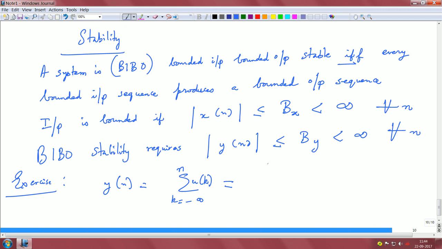We can say that this is 0 when n is less than 0, and it is n plus 1, because you have to count u of 0 and there are n such time units. So, this is going to be n plus 1 for time n greater than or equal to 0. Now, is this bounded? Probably not. Why? Because this holds for all n, and n could also be infinity. So, when n goes to infinity, y of n heads to infinity. Therefore, it is not bounded. So, this is an example of an unbounded system.